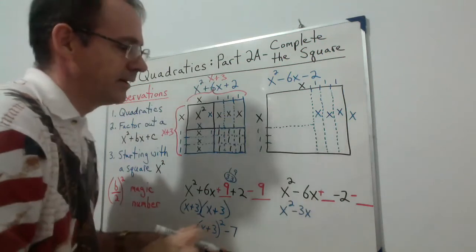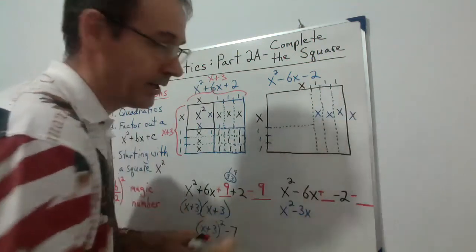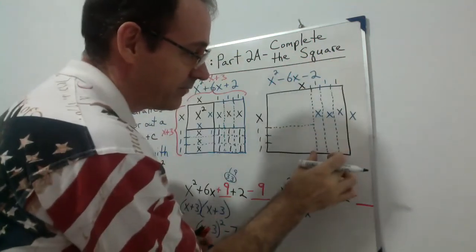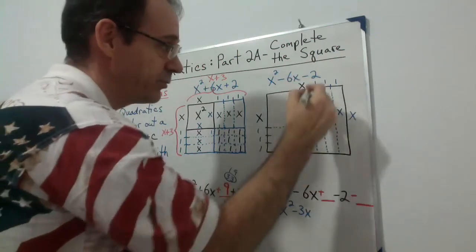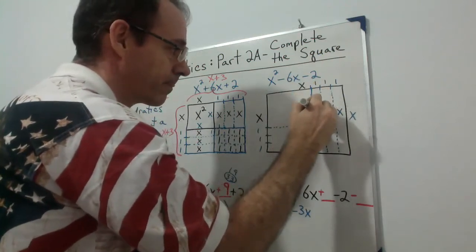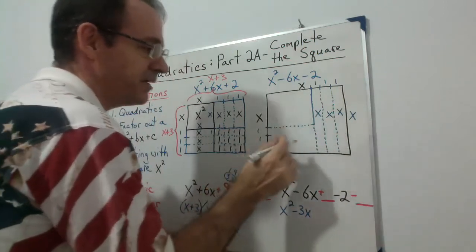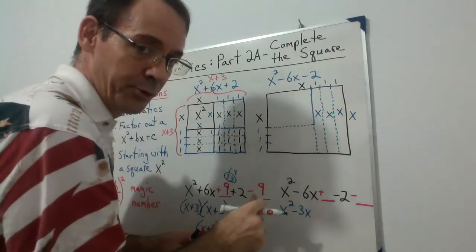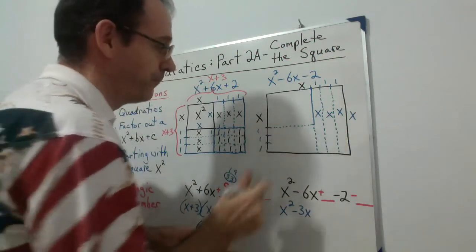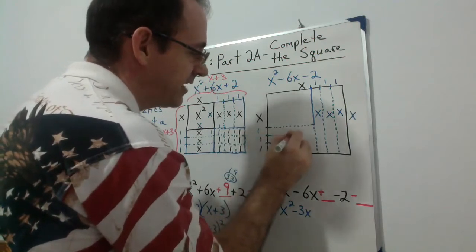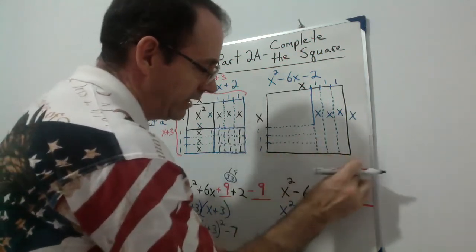Okay? So we don't have the full 6x yet. We've done that part. And it's filled out all of this. We've reduced it. Now we've got to figure out this part here because we're trying to reduce it to this square. So we've already taken that out. Now if we look at this, this doesn't go all the way through because we've already taken that out. So if we extend these lines, they only have to go to here. They don't have to go the full length of the square.